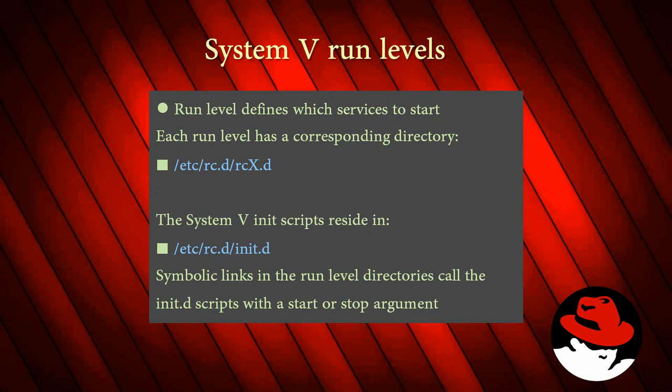The System V init scripts reside in the init.d directory. The symbolic link in the run level directory would call the init.d daemon scripts, the init script, with a start or stop argument. So it would determine which run level to load.